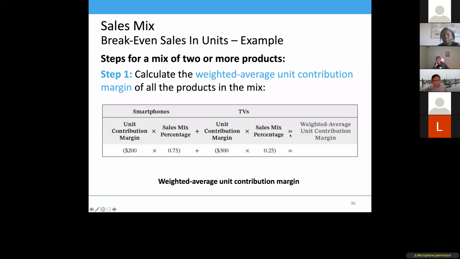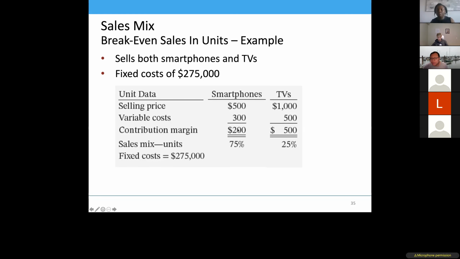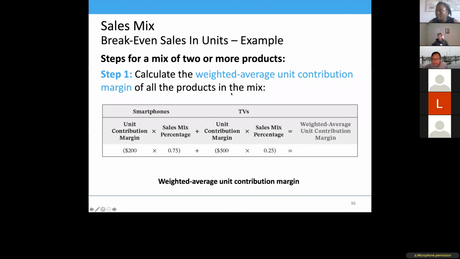So the first step is to calculate the weighted average unit contribution. You are able to calculate the contribution for each product. This is easy. We have learned how to do this. But for this sales mix, we need to calculate the weighted average contribution margin. You pick the unit contribution margin for the smartphone and multiply by its percentage of the sales mix, do the same thing for TV, and then add them together.